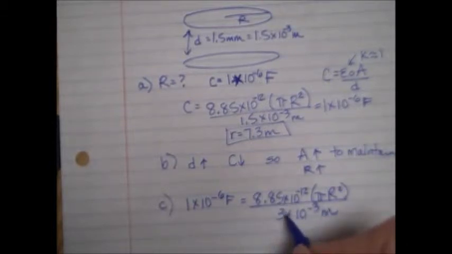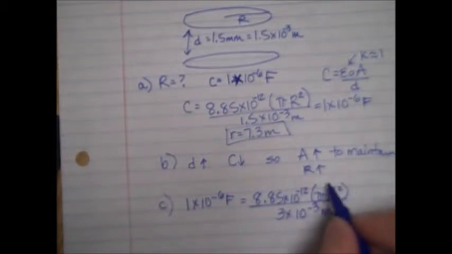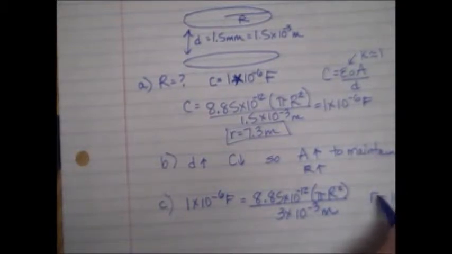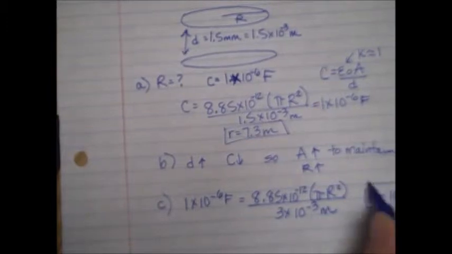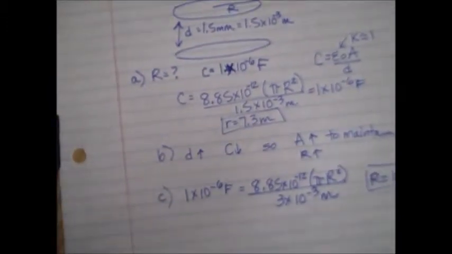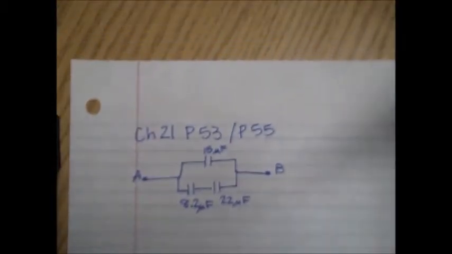And so you have doubled this distance. So basically you're doubling the area, and with the pi r squared I get the radius to be 10.4 meters for the new radius.